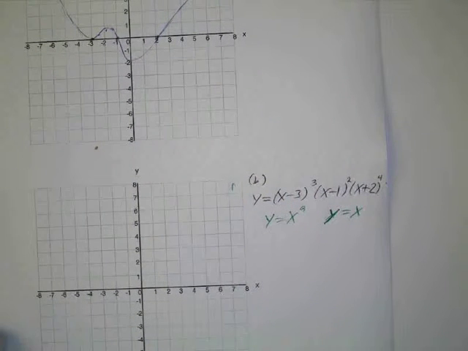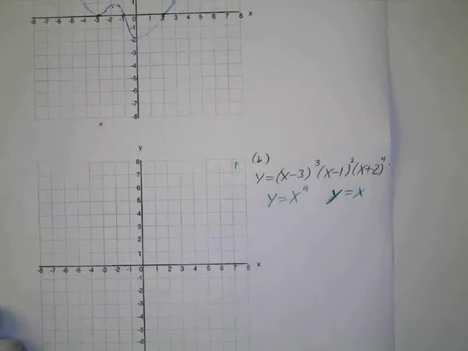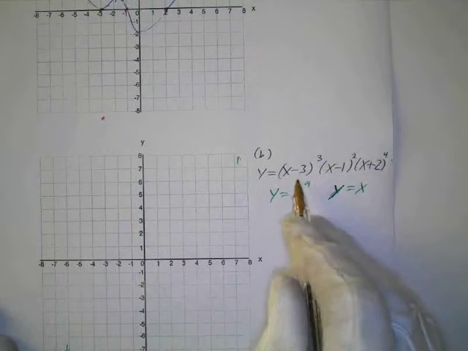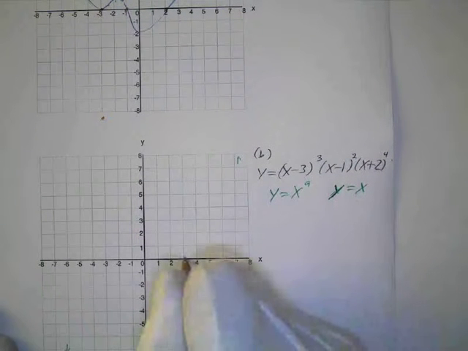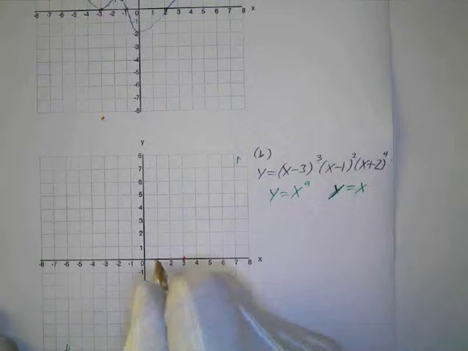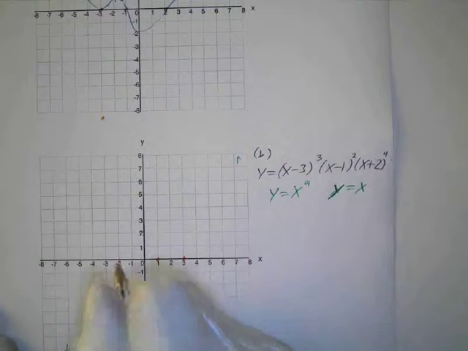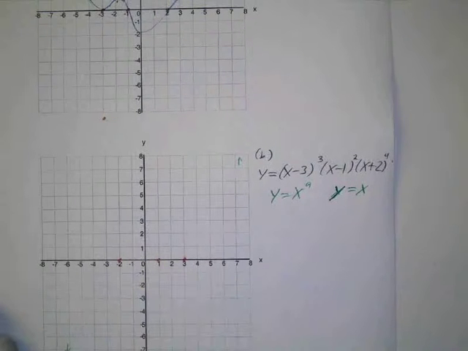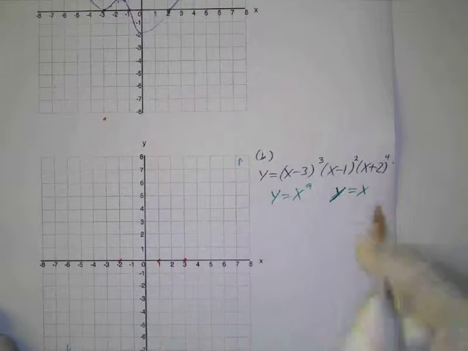Okay, and then we'll put our zeros in again. At 3, I have a 0, positive 3. And at positive 1, I have a 0, 1 minus 1 is 0. And at negative 2, I have a 0. Okay? So we're going to start down here. Let's look at the negative 2.